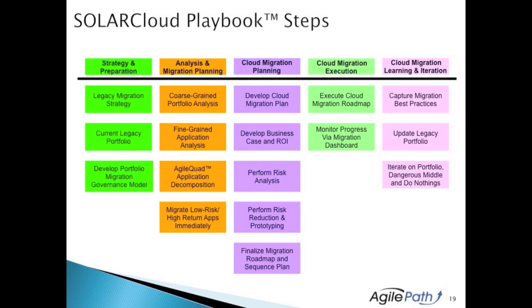Looking at how you're going to actually execute. You're performing your risk analysis at this phase. You're developing the migration roadmap and sequencing plan. So you can start that the moment you have candidate 1 identified out of the coarse-grained analysis. And then you can start your fine-grained analysis on other candidates.